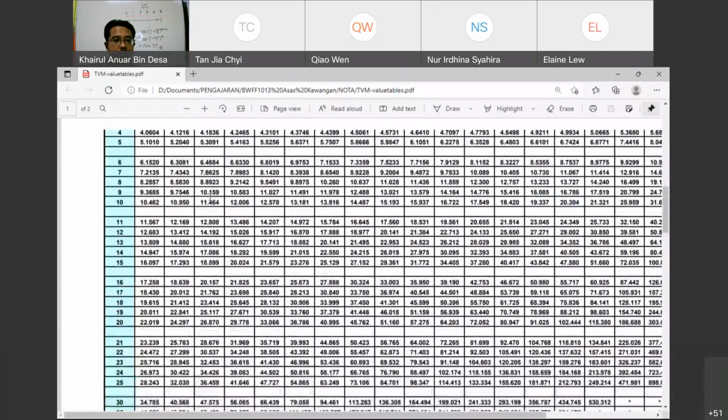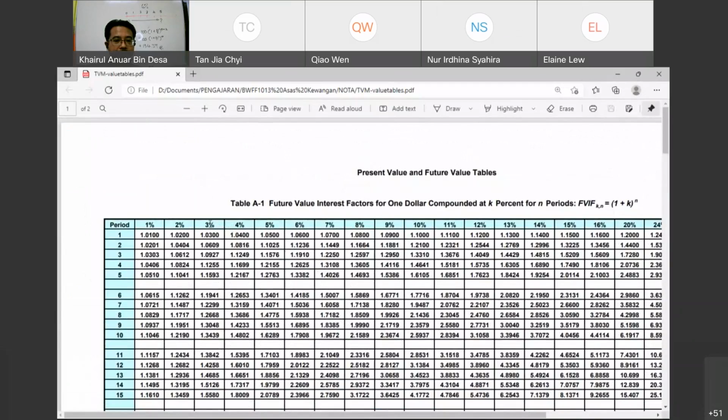Oh, sorry, future value 3% for 10 years gives 1.3439. Then we multiply by 100, meaning 134.39, after we times with the present value 100. Dapat tu?